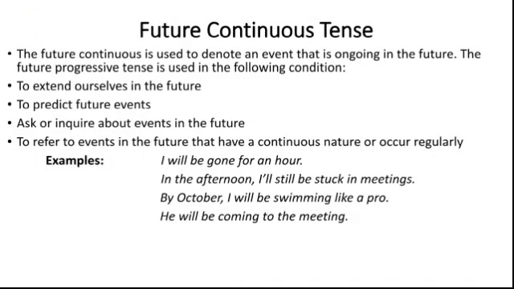Now let's move to the next part, that is future continuous tense. The future continuous tense is used to denote an event that is ongoing in the future. So in simple language we can say that something that will happen, not happening at the moment while I'm speaking, because if it is while speaking it is happening, we'll be using simple present continuous tense.